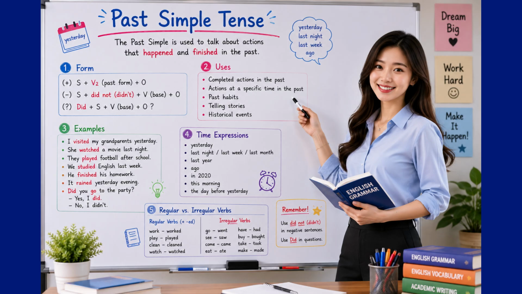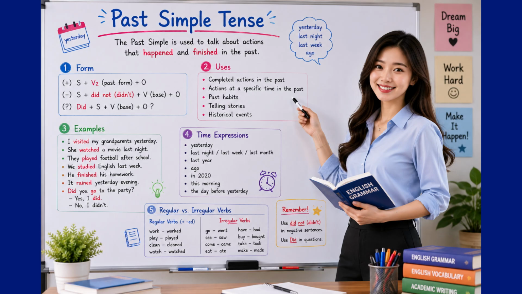One of the best ways to improve your past simple is to practice talking about yesterday. Every evening, try describing your day using the past simple tense. For example, I woke up at 6 a.m., ate breakfast, went to work, attended meetings, returned home, watched television, and went to bed.